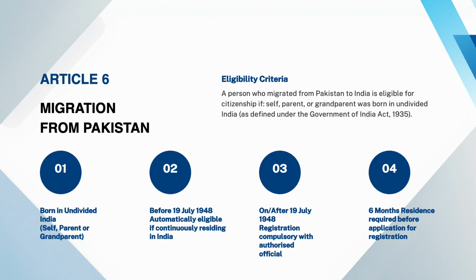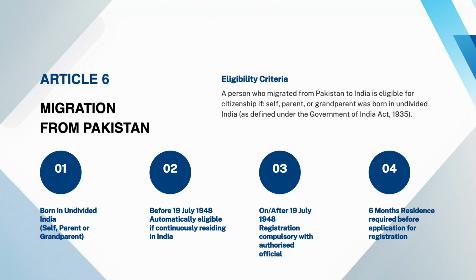And it was at that exact time that they wrote this rule, saying that anyone who had been residing in India before 19 July 1948 gets automatic citizenship. That's the only statement.